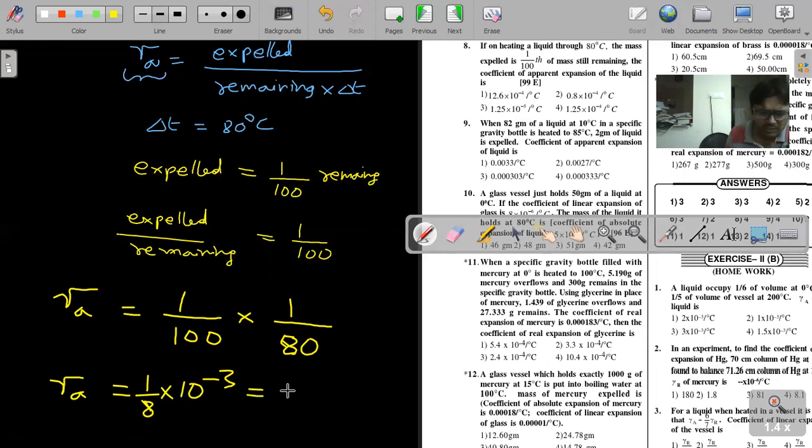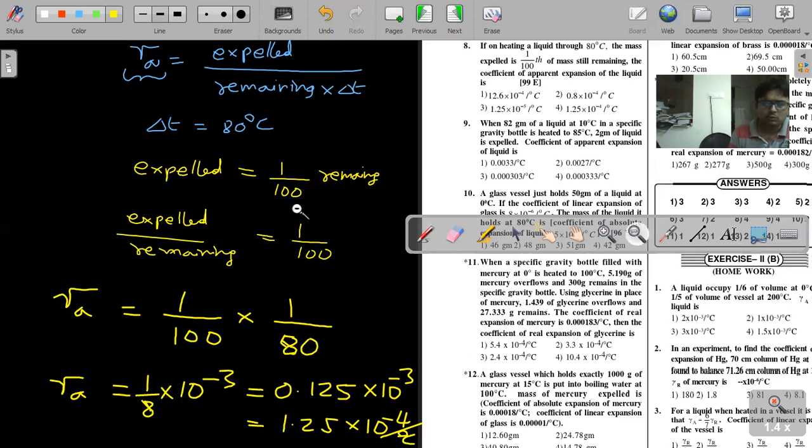What is 1 by 8 into 10 power minus 3? 1 by 8 value we know as 0.125 into 10 power minus 3. Simplifying further, I can write it as 1.25 into 10 power minus 4, and the units, no doubt you know, are per degree centigrade.